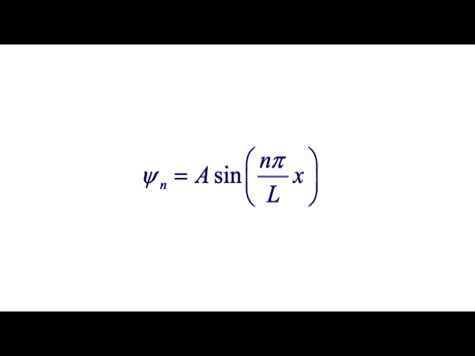On substitution one can find the value of the constant a to be root of 2 by L, which is a very straightforward assumption, where you calculate psi star, reach the probability, and from there find the value of a, which you will find even in an introductory book of quantum mechanics. I am not trying to do that here.